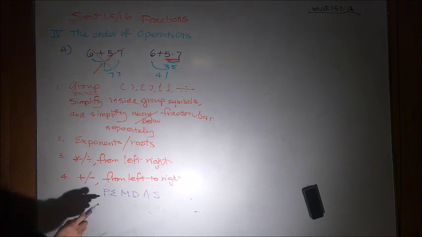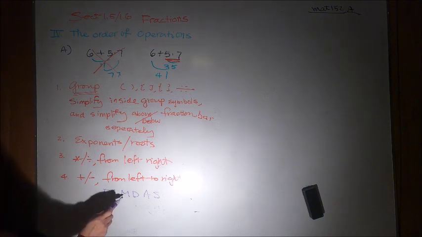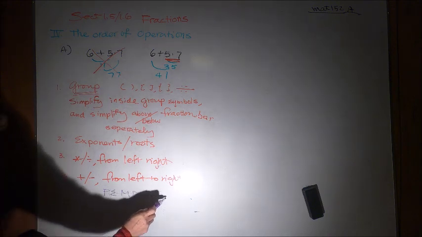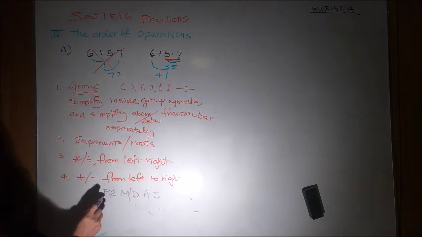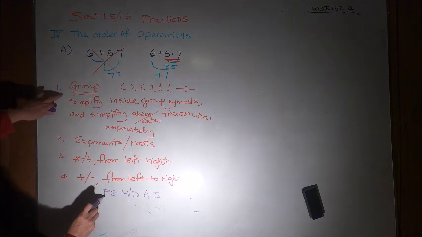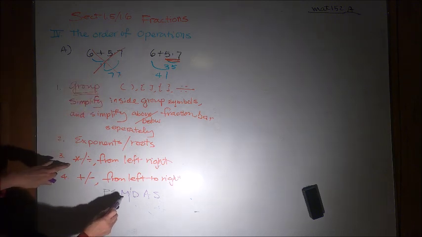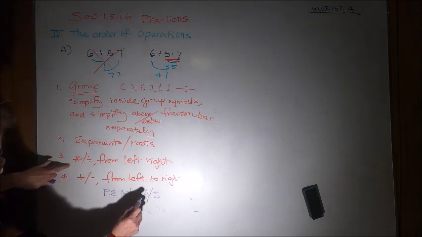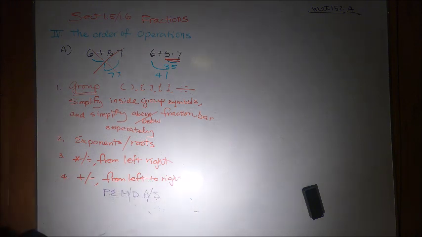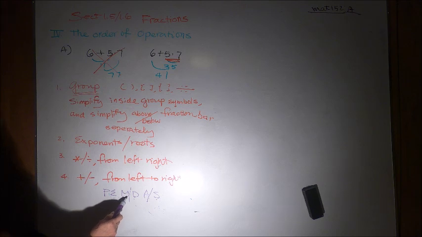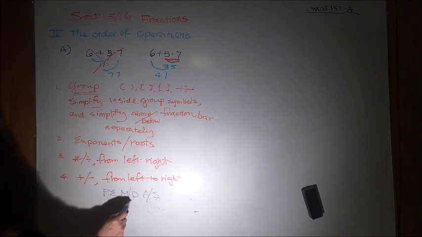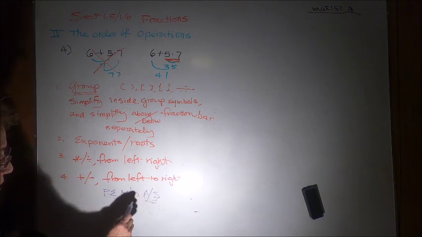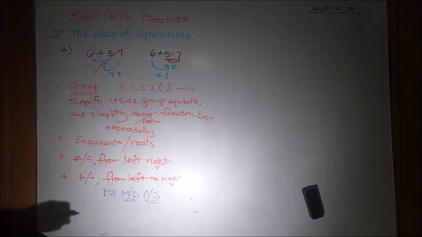It says, Please Excuse My Dear Aunt Sally, right? But you do parentheses, grouping first, then exponents, and multiplication and division, and addition and subtraction. But when you have multiplication and division, it doesn't tell you from left to right. So often you make a mistake that way.